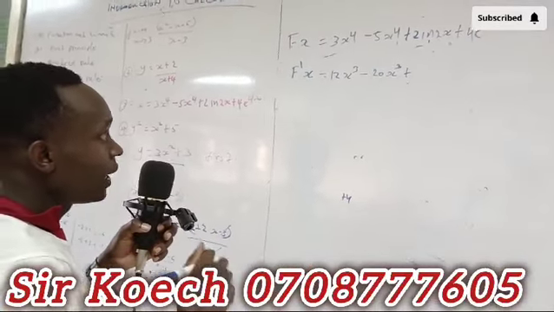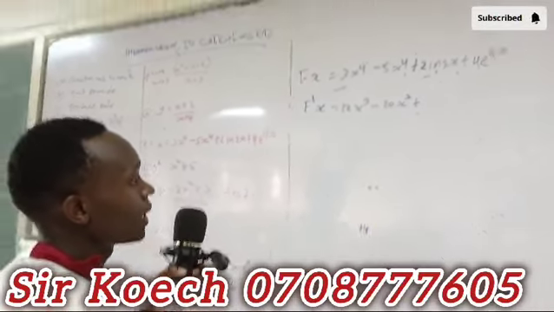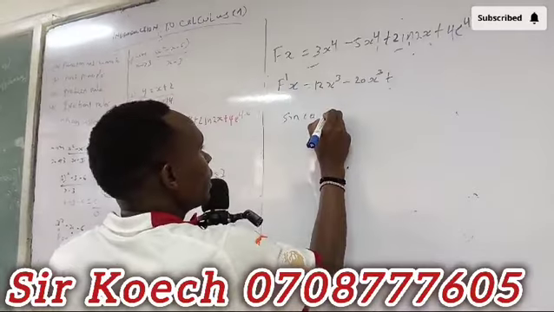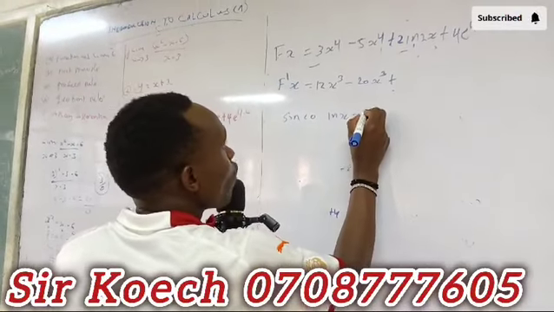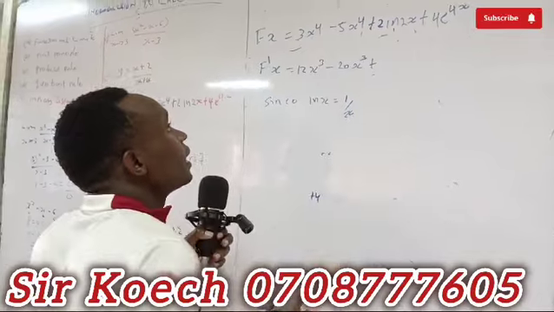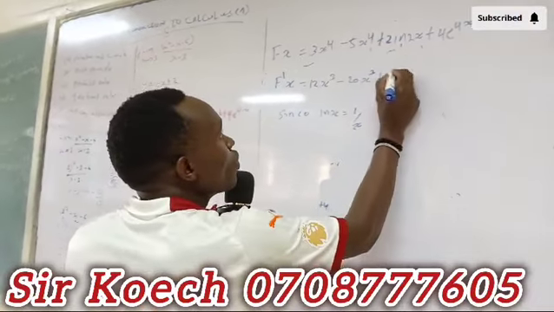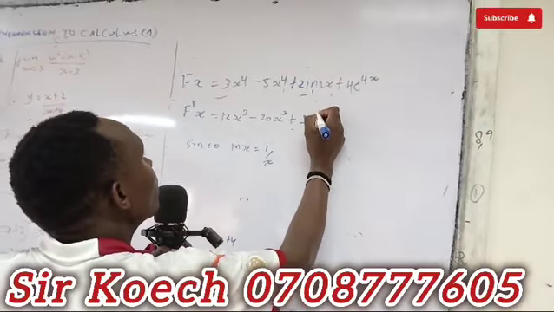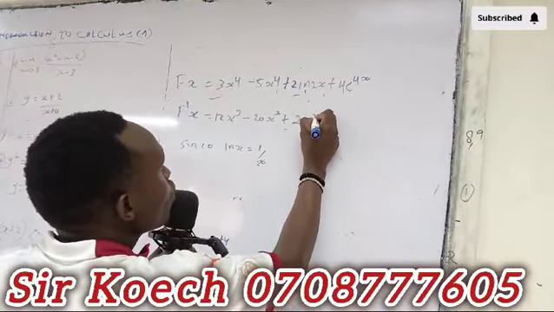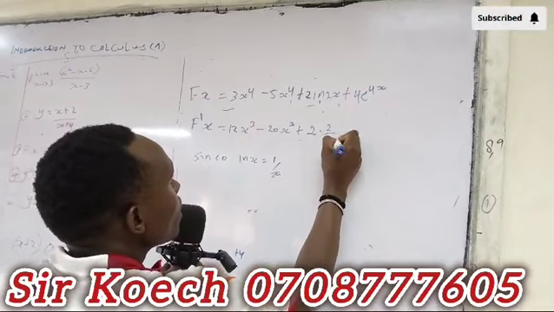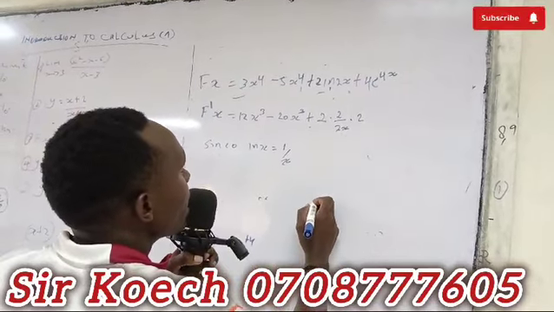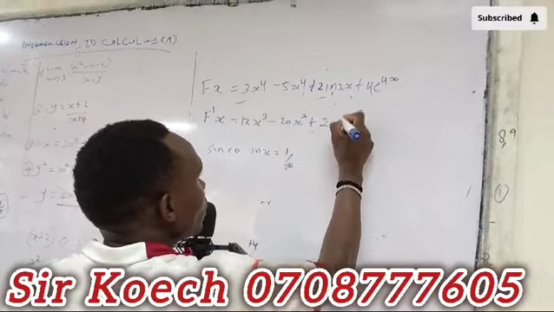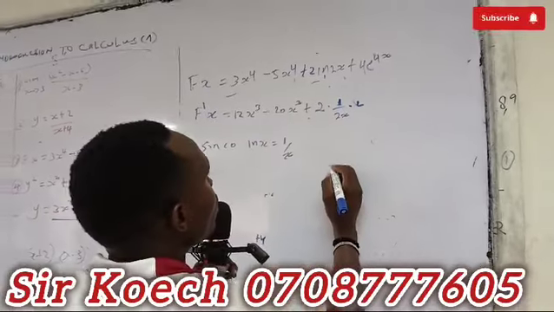remember ln of x is 1 over x. So ln of x is equal to 1 over x, and this is ln of 2x, it means that this is 2 over 2x, then multiplied by 2. So it's 1 over 2x, then multiplied by 2.